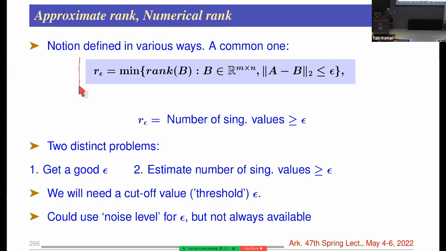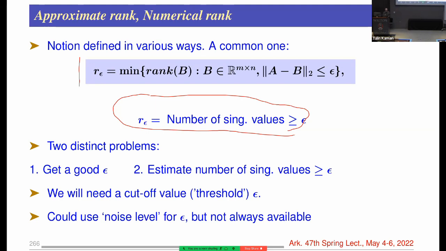So given epsilon, R epsilon is simply the minimum of the rank of B with the constraint that the two-norm of A minus B is less than or equal to epsilon. And if you work out the details with SVD, etc., it boils down to this definition here, which is a little simpler to understand. So R epsilon is exactly equal to the number of singular values that are larger or equal to epsilon. That's the definition.